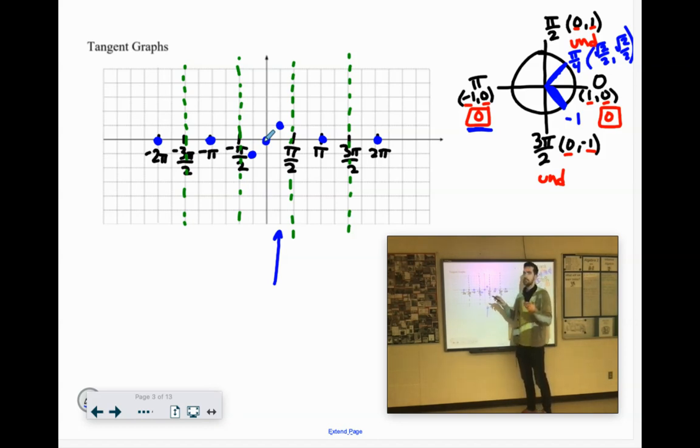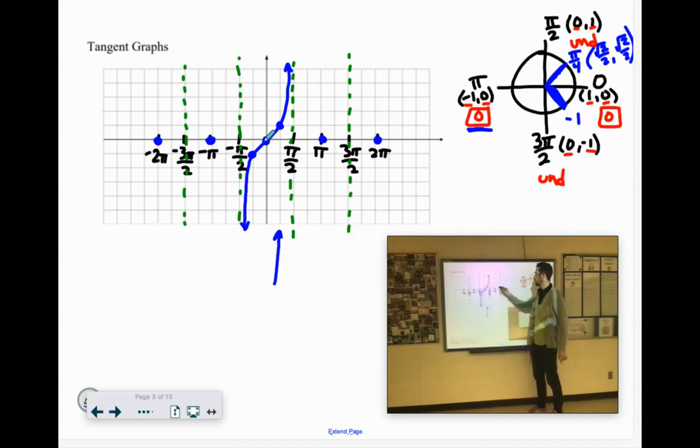Now you're not going to draw a straight line here because as you get closer to pi over 4, you're never technically going to touch that line. And the same thing going down here. And that's going to be true for every chunk of this. So from the center, you're going to go up 1 over 1, down 1 over 1, and show your curve getting very close to that asymptote.